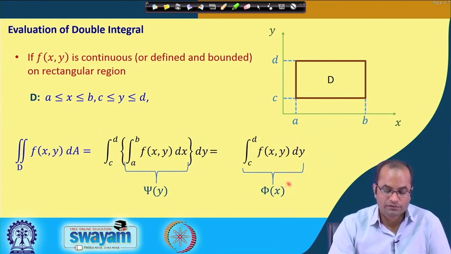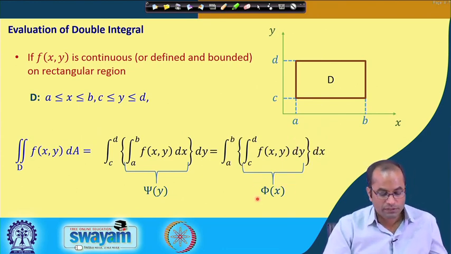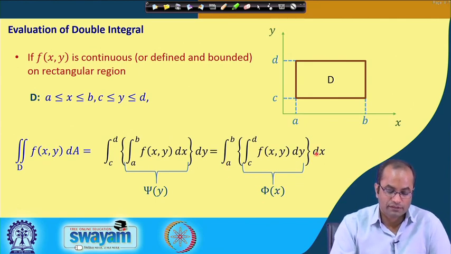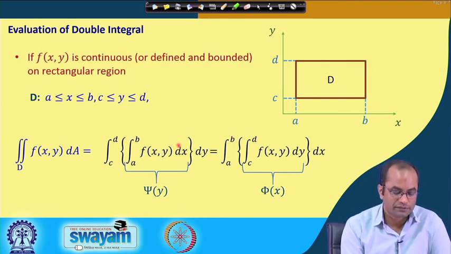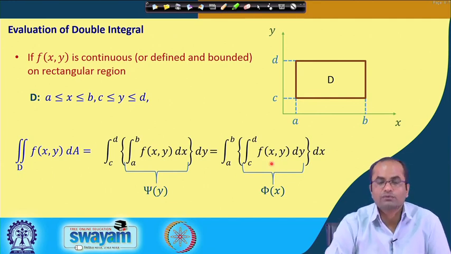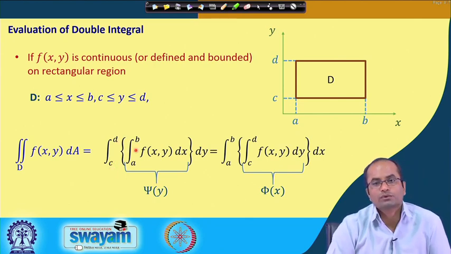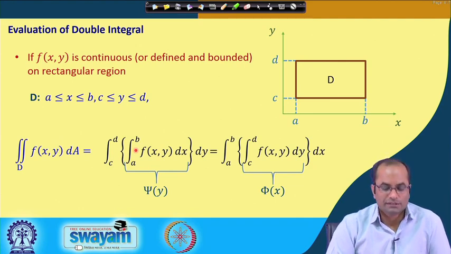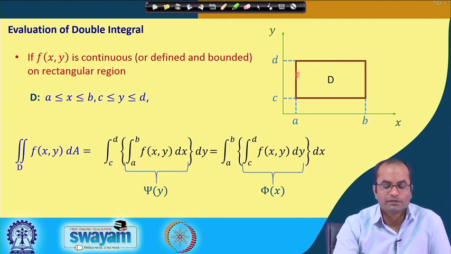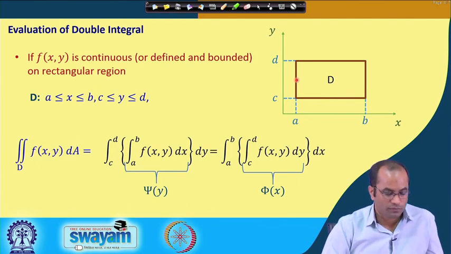Then this is a function of one variable, and we can integrate over x from a to b. So in this case it does not matter whether we first compute with respect to x and then y, or first with respect to y and then x. For such a domain, getting the limits is also much easier, but this is not always the case because we do not have such a nice domain all the time.